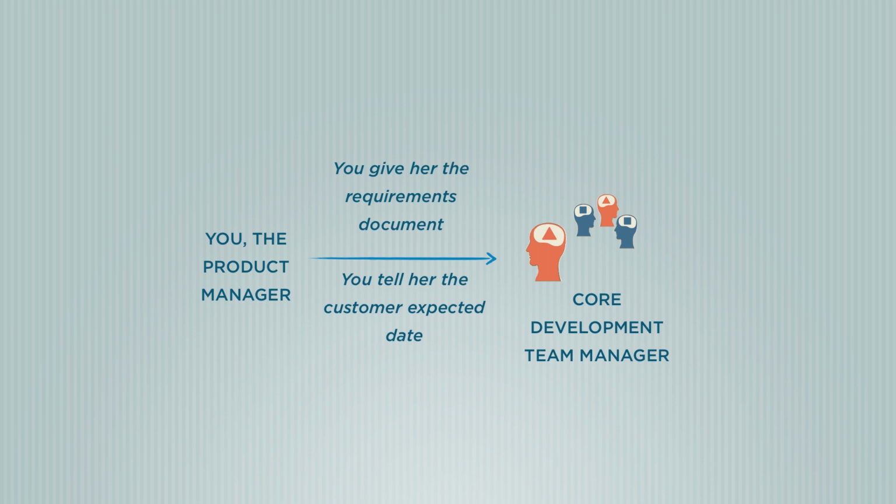And then what this engineering manager is going to do is take a look at your product requirements, and her first instinct and her first responsibility is to look at how much time it takes to scope out each of the requirements.